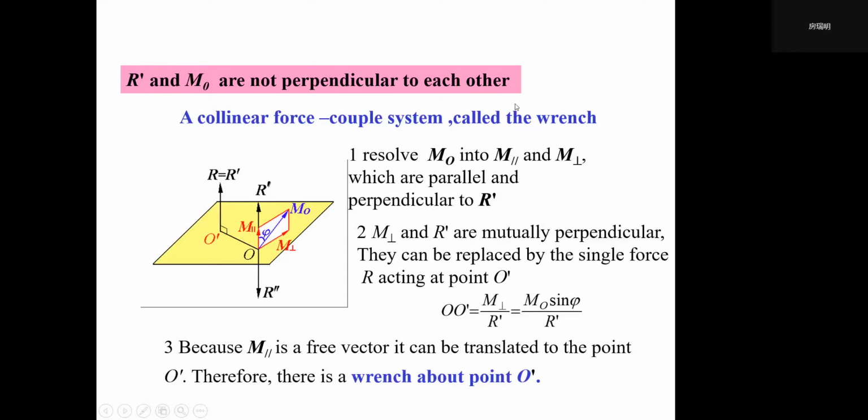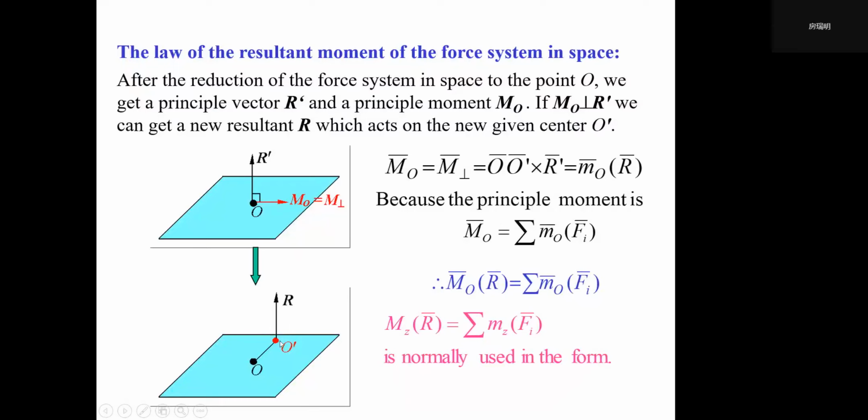The principal moment MO: maybe this page gives a further explanation of when MO is perpendicular to R prime. We can use R prime acting on O prime, right? I think I just explained that to you guys. We can find another point O prime, so that the original MO will be counterbalanced by another one, right?